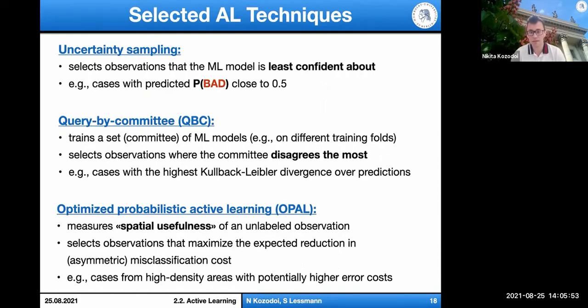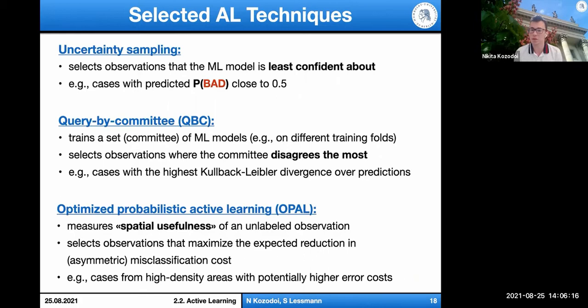Another method we look at is query by committee, which looks at it from a slightly different angle. So instead of a single model, you have a set or a committee of scoring models, for example, trained on different training folds. And then we look at the loan applications where our variants of scoring models would disagree the most.